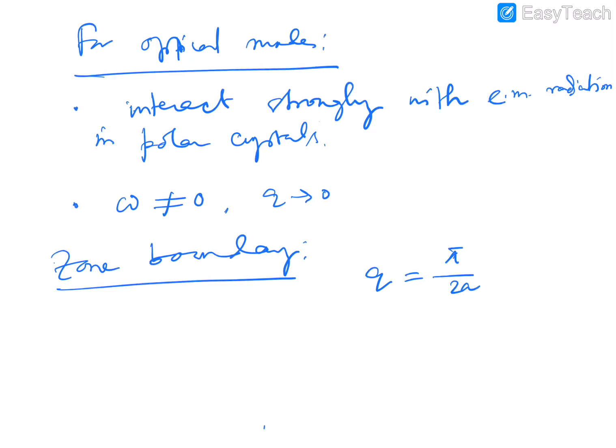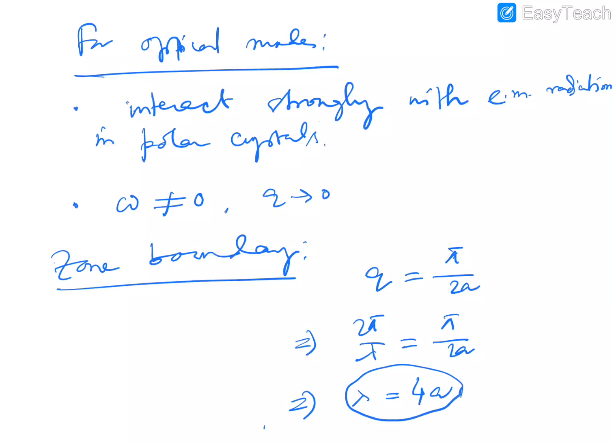Q is 2 pi by lambda, so this implies your lambda is equal to 4a, right? So this is the wavelength for the zone boundary.